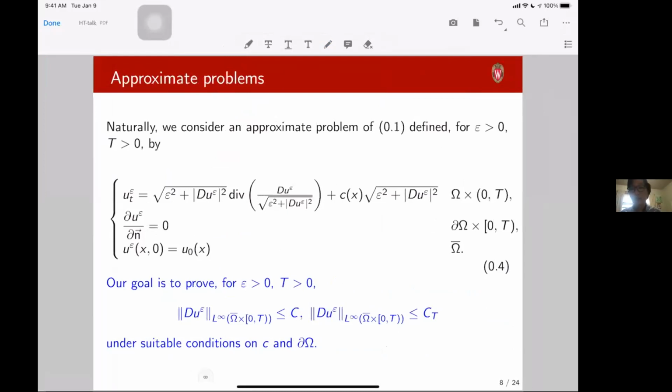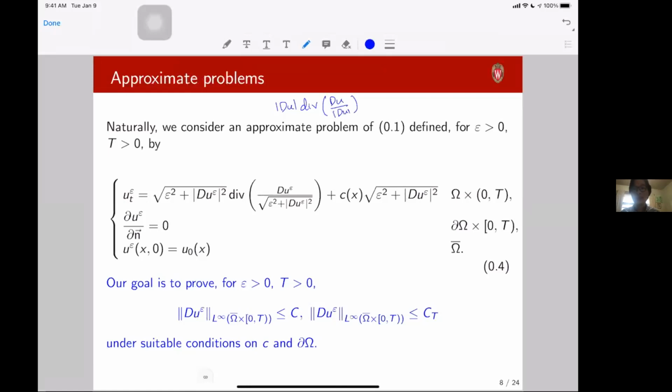So let me tell you very roughly the strategy of the proof, and you can see that this is rather classical when we consider the level set framework. In the earlier formulation we have Du times the divergence of Du over |Du|, and this is singular, or it can be bad if Du is equal to 0, right?